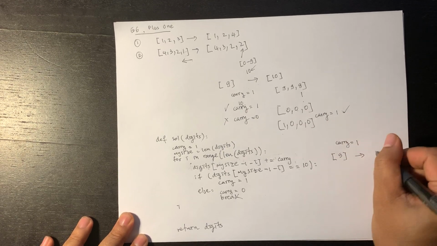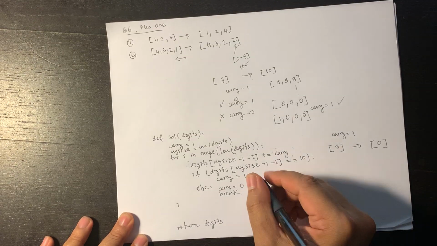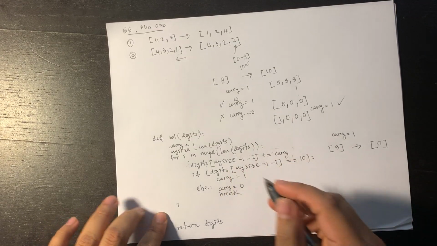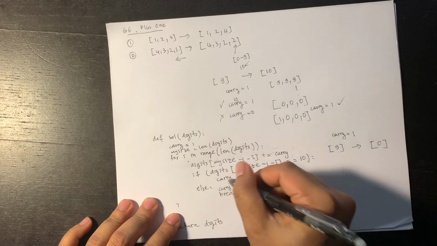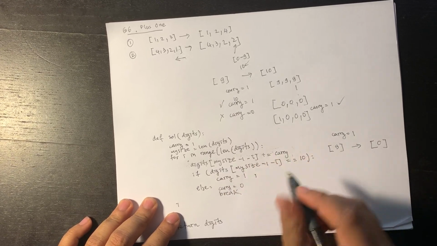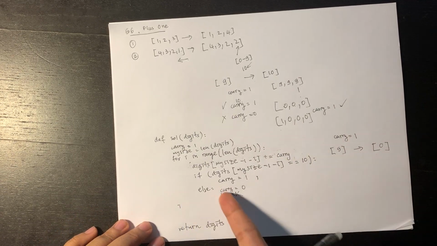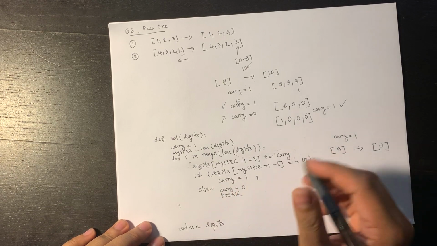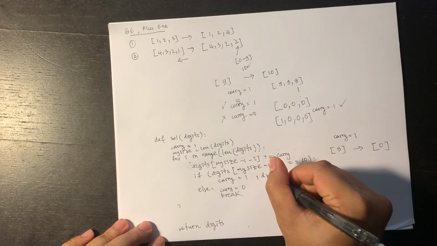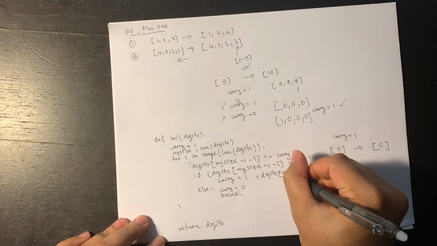So we want to set it to 0 like this. This is not syntactically correct, but I ran out of space right there. So I also want to change the digit to 0.